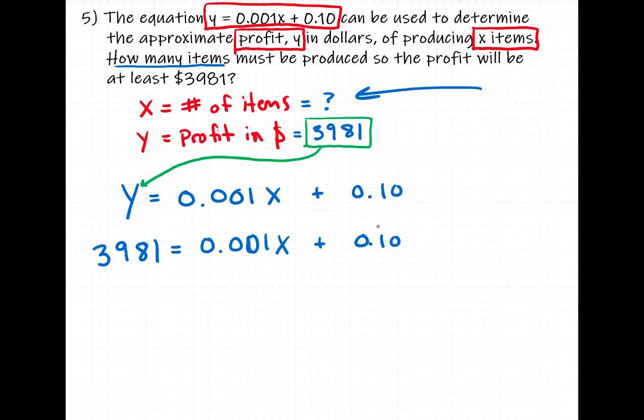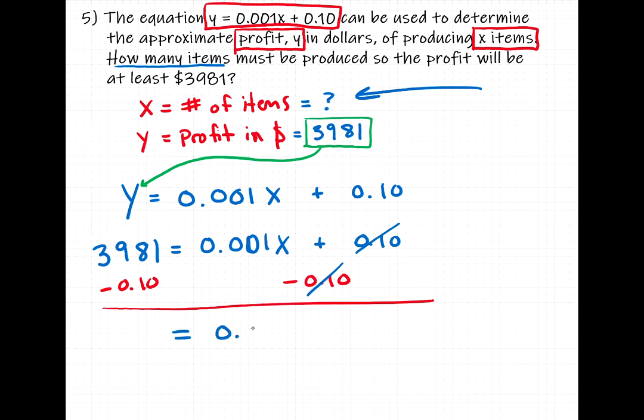Okay, so we could start off by, we have a plus 0.10, so let's subtract 0.10 from both sides of the equation. On the right-hand side, the positive and negative 0.10 will cancel, and we're left with 0.001x.